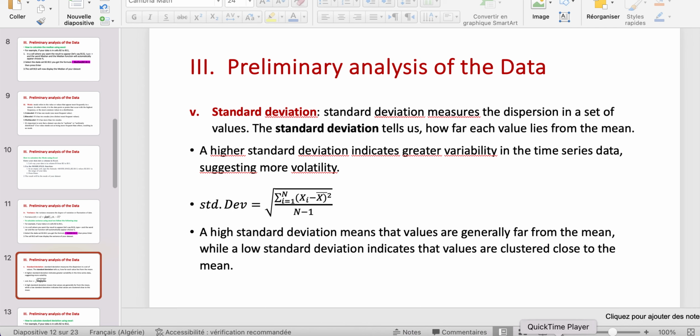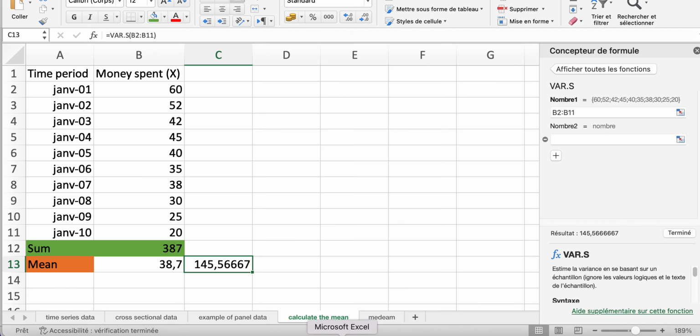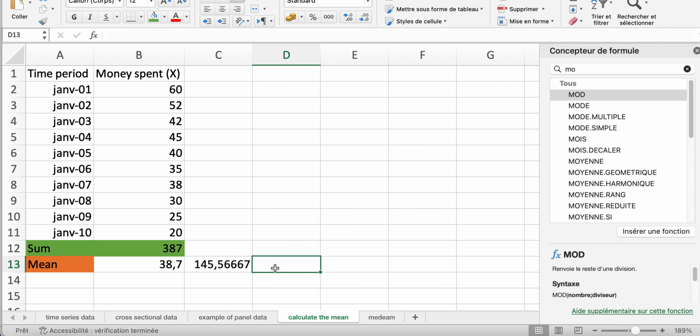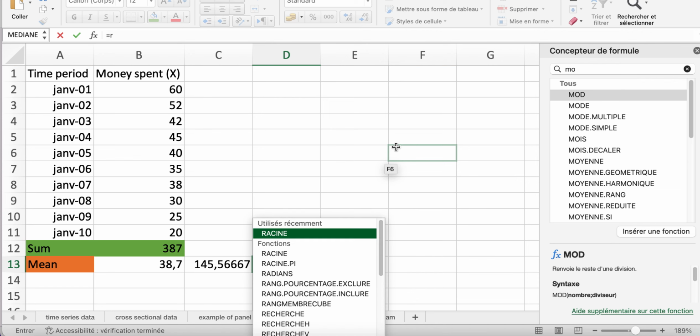So when you calculate, for example, if we go back to our example, I can just type equal, then look for the square root, SQRT. But because my Excel is in French, I have to write RACINE in French.